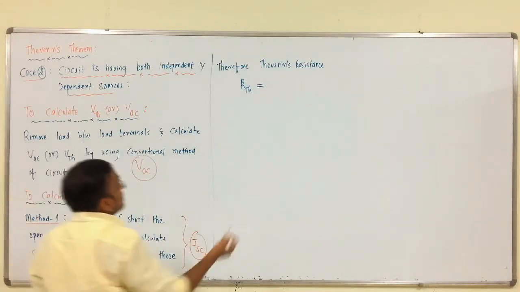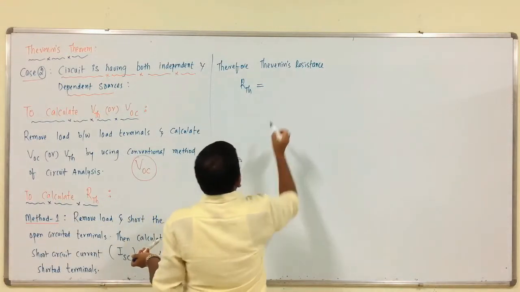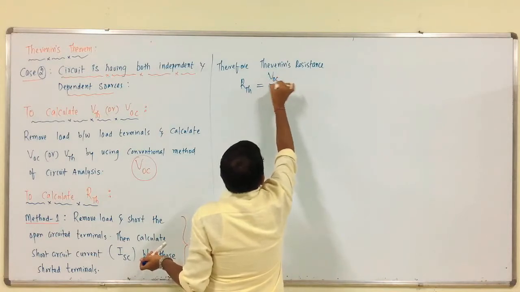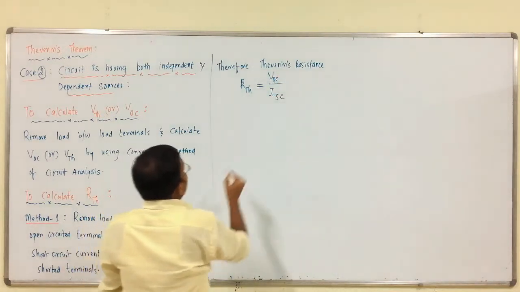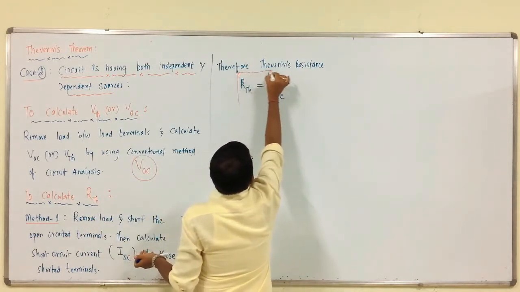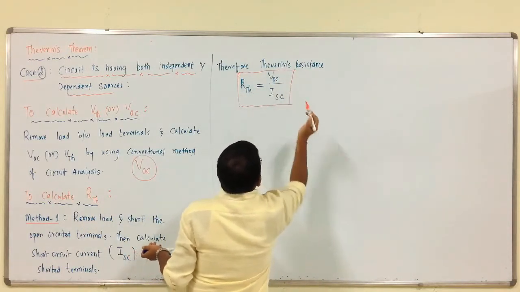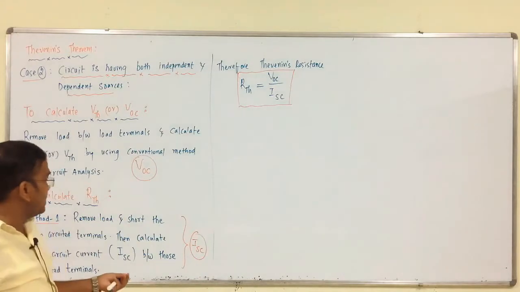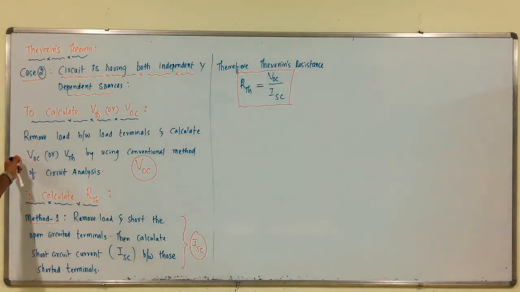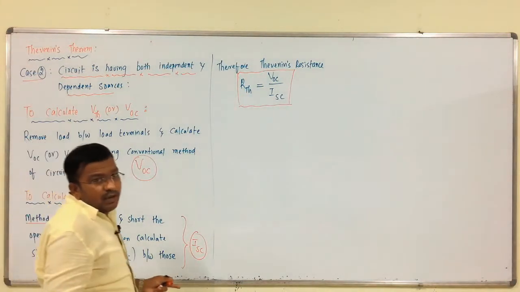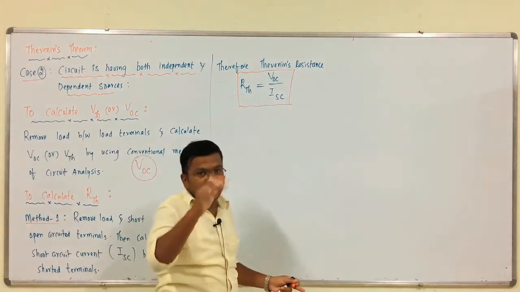Voltage by current, which is nothing but VOC by ISC. That is it. Like this we have to calculate the value of Thevenin's resistance. This is method 1 to calculate RTH. Simple. So, to calculate VOC, that is by using the conventional method, completed.